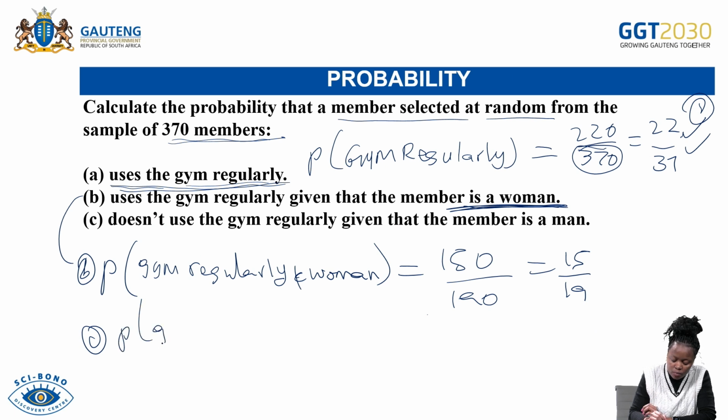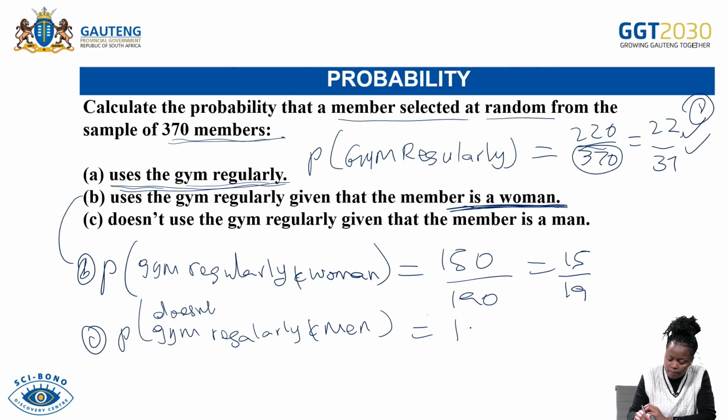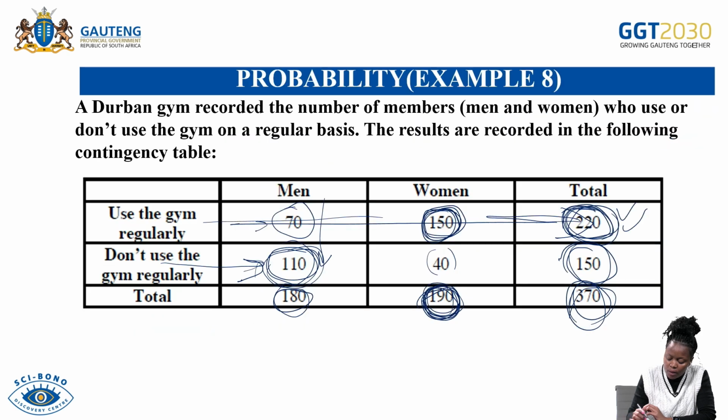So doesn't use the gym regularly, and that member is a man, it's going to be, we said 110 all over, what is the sample space of the men?